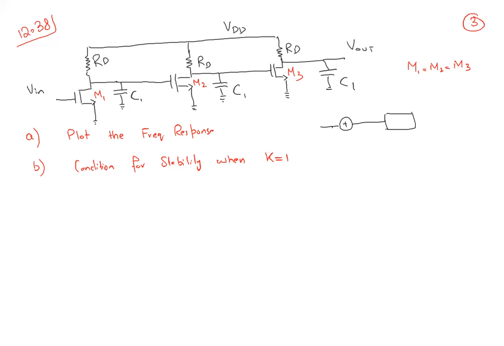Let's call this h j omega, the terminology your book is using. So we have V out, we have a feedback, which is unity feedback, and it's negative, and it is Vs. Let's not use the V in terminology.